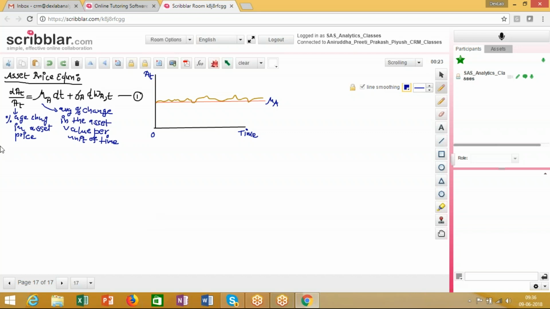Now what is this dt? What is dt over here? dt is the total change in time, the total change in time period.